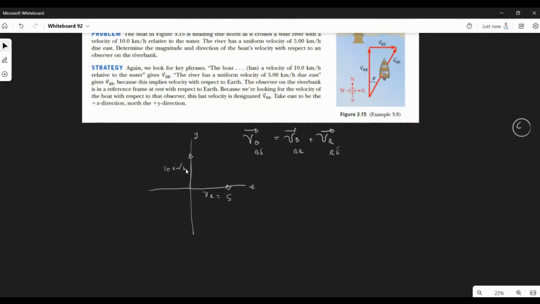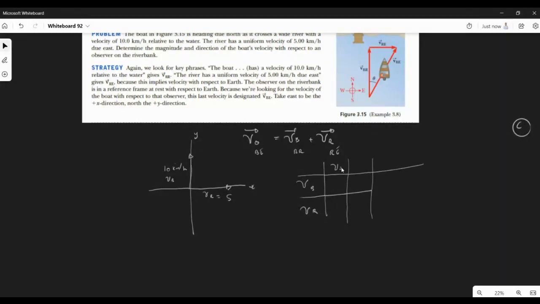This is quite easy if you can see what to do. It's a simple Pythagoras, but what you want is your components. So this is V boat, and this is the river.